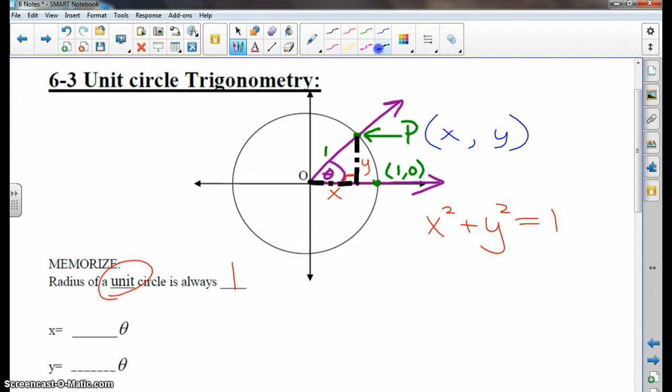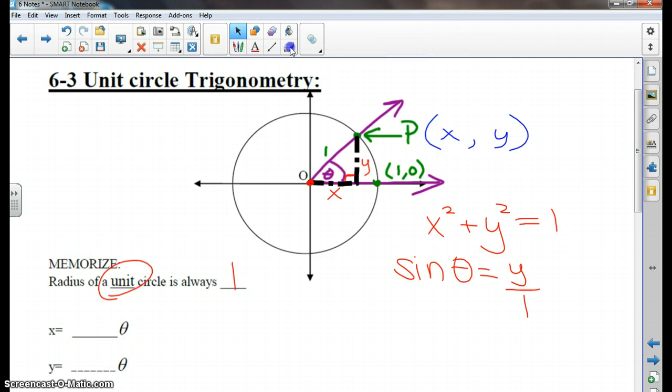Now, having said that, I can also do trig on the angle theta, which happens to touch the origin and will always in unit circle trig. And I can say that the sine of theta would be the opposite side, known as y, over the hypotenuse, which happens to be a 1. That means that the sine of theta is y, and that means that I could rename or replace the y with sine theta.